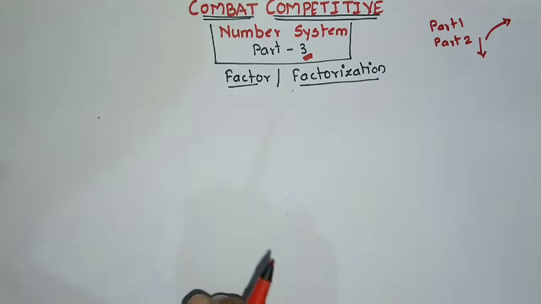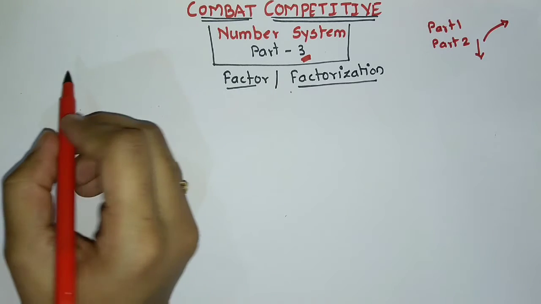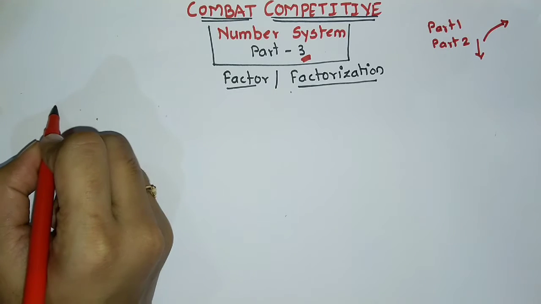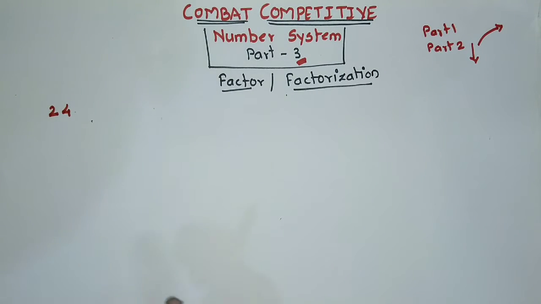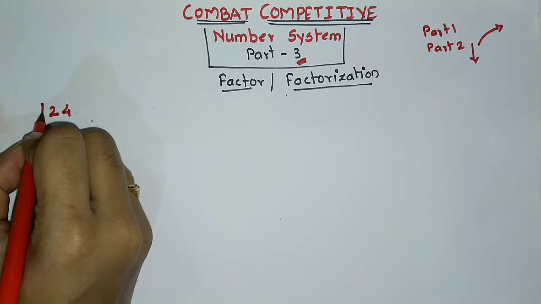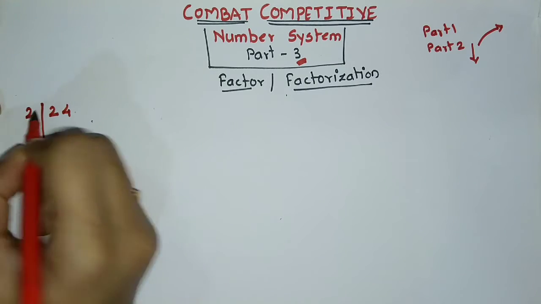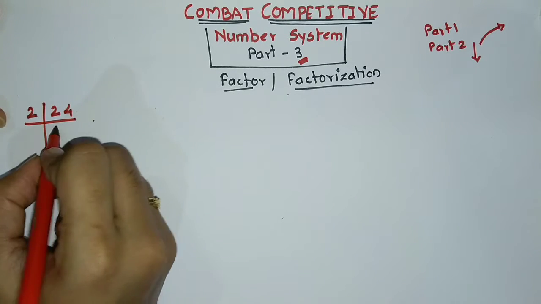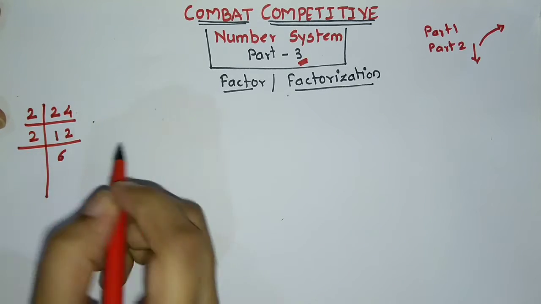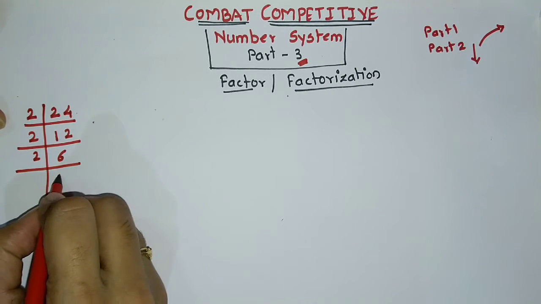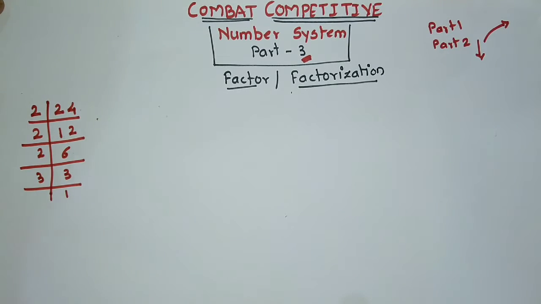Now, factor and factorization. Let's take number 24. How do we factorize it? Divide it by 2. 2 1s are 2, 2 2s are 4. Divide it by 2 again. 2 6s are 12. 2 3s are 6. 3 1s are 3.